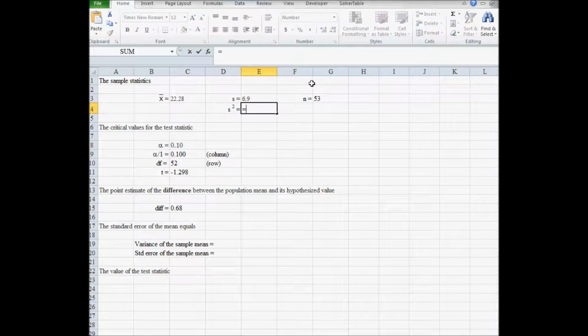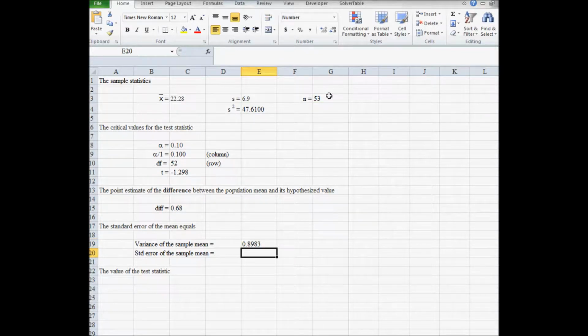The sample variance is the square of the sample standard deviation. The variance of the sample mean is smaller than the estimated variance of the variable because the variance of the sample mean is equal to the estimated variance of the variable divided by the sample size.